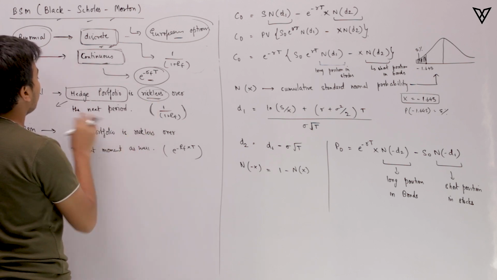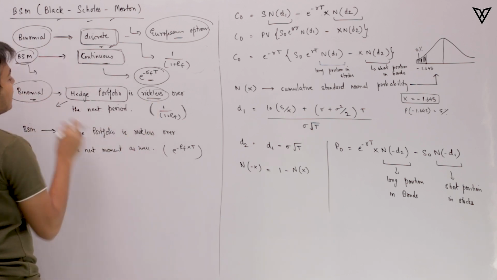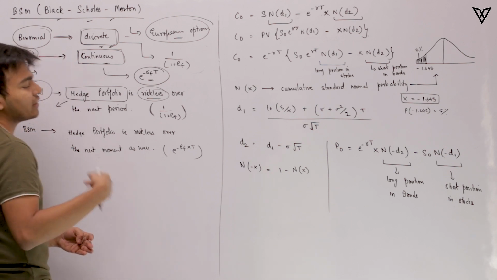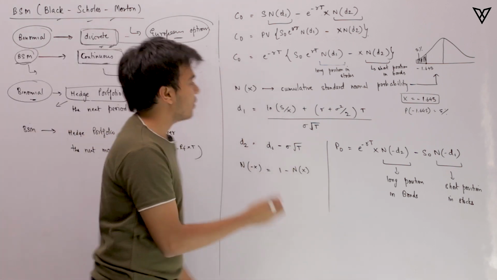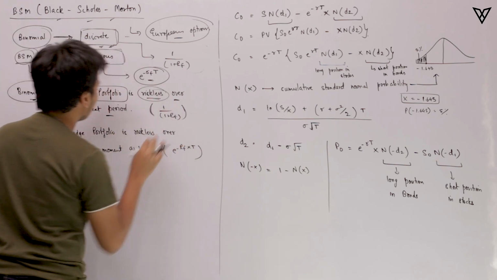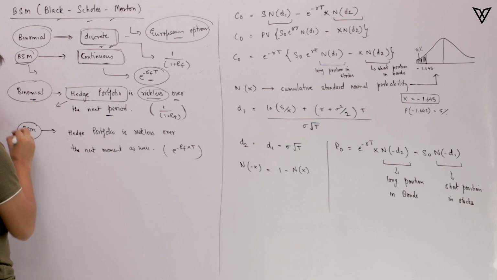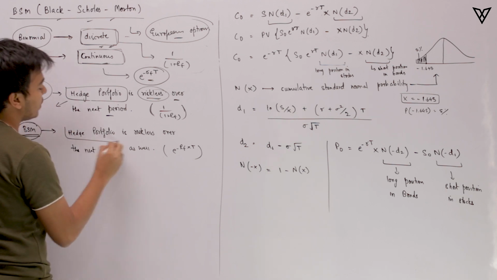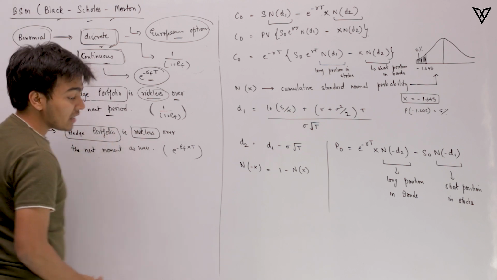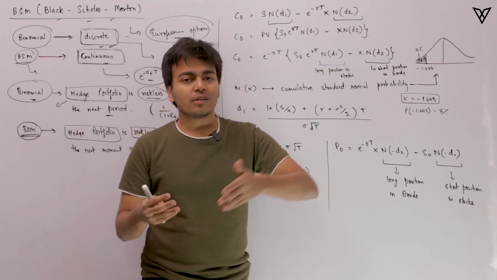However, in the binomial model, if we were standing here today, we were looking at things over the next period only, and we were discounting using 1 plus RF. In the BSM model, we are going to create the very same hedge portfolio that is riskless, but here we are not talking about discrete time periods.